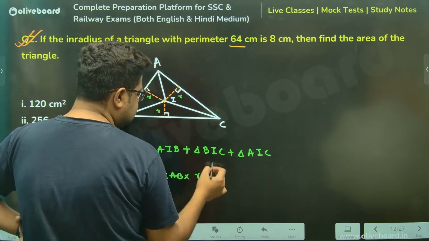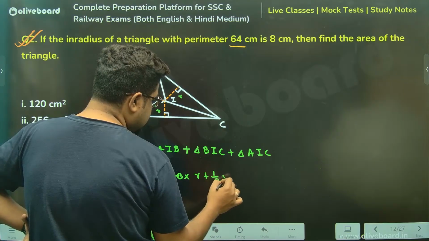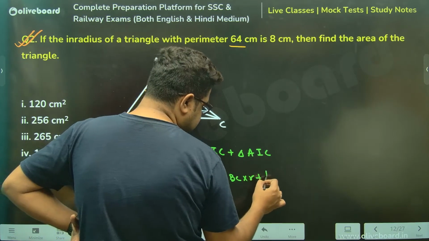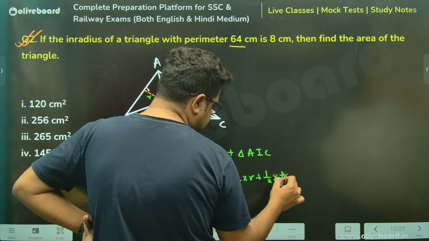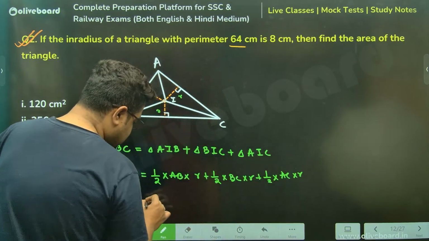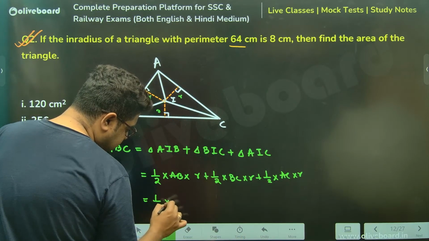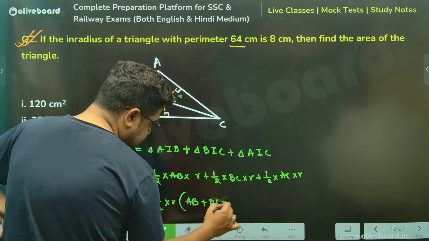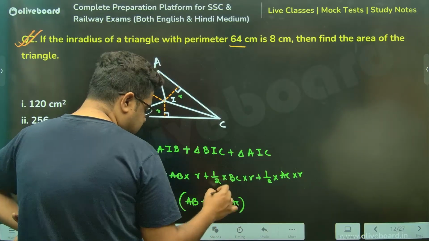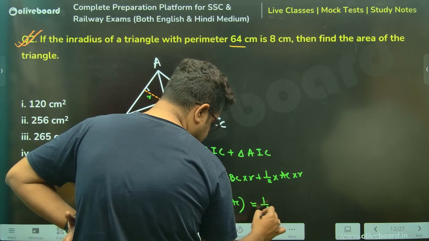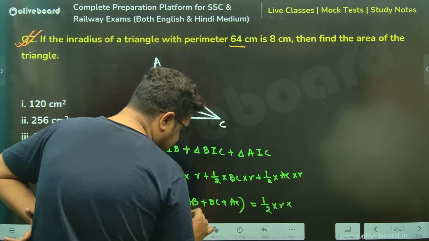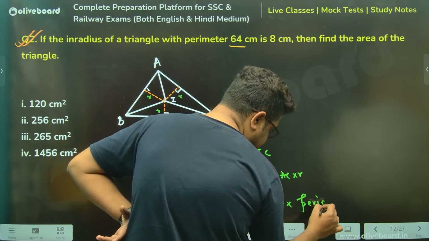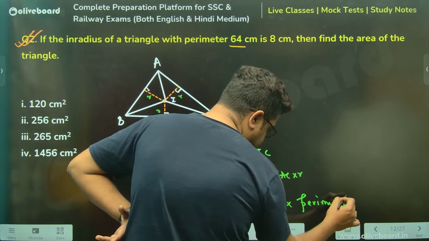Plus BIC is half into BC into R, plus half into AC into R. So half into R I can take common, and it gives AB plus BC plus AC, which is nothing but the perimeter.